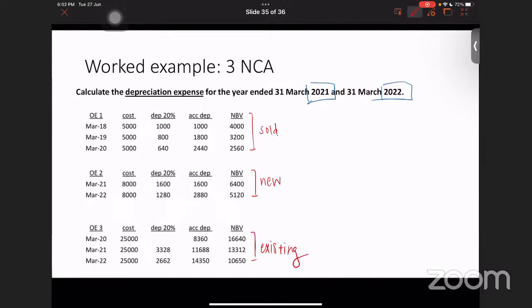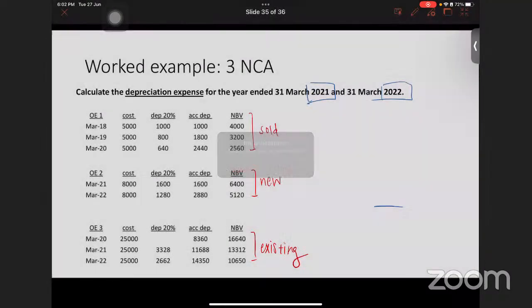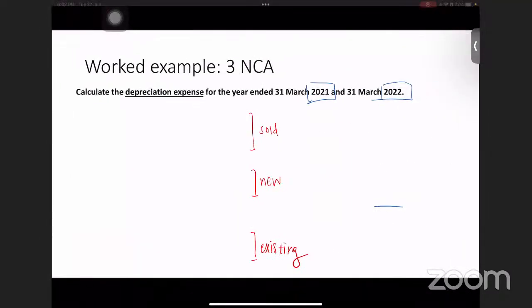So in total we have 3 things going on, so we need 3 tables. Let's start with the one that we sold first.